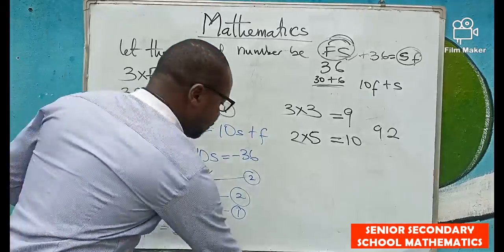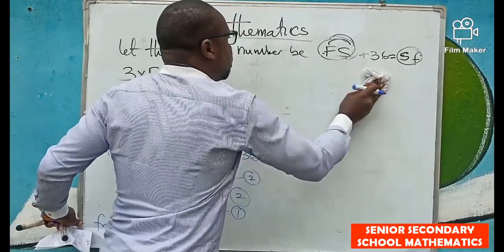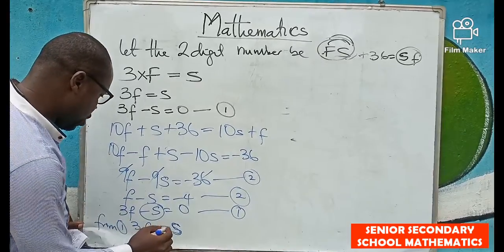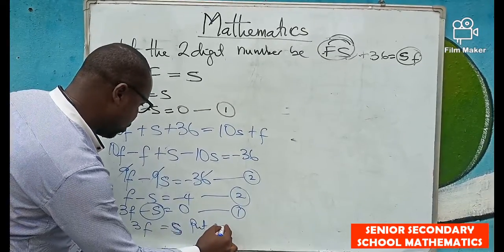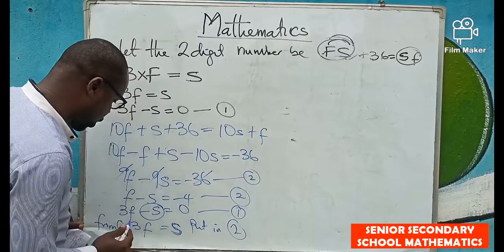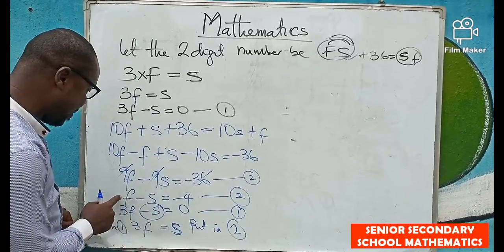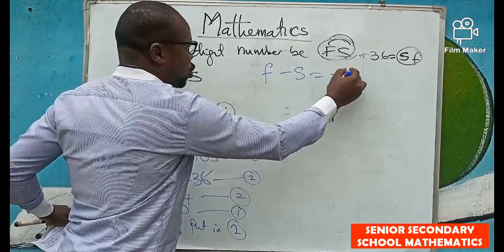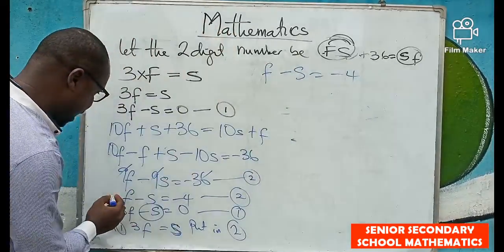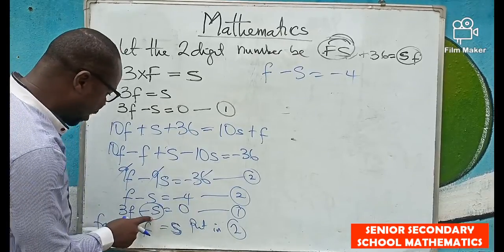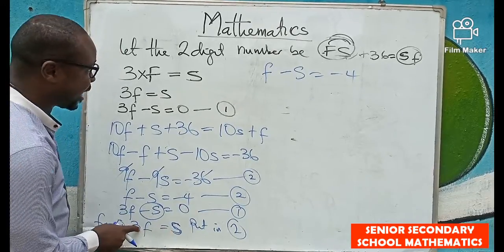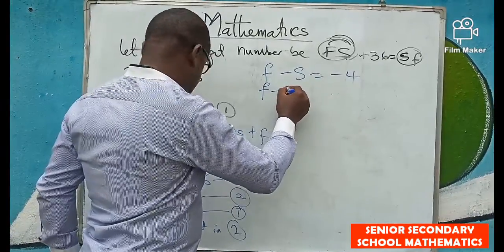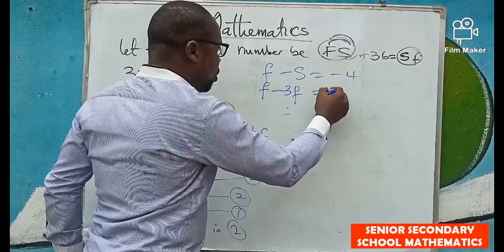The original equation 2 says F minus S is equal to minus 4. Then I take the value of S, which is now 3F, remove S and put it there. So I have F minus 3F is equal to minus 4.